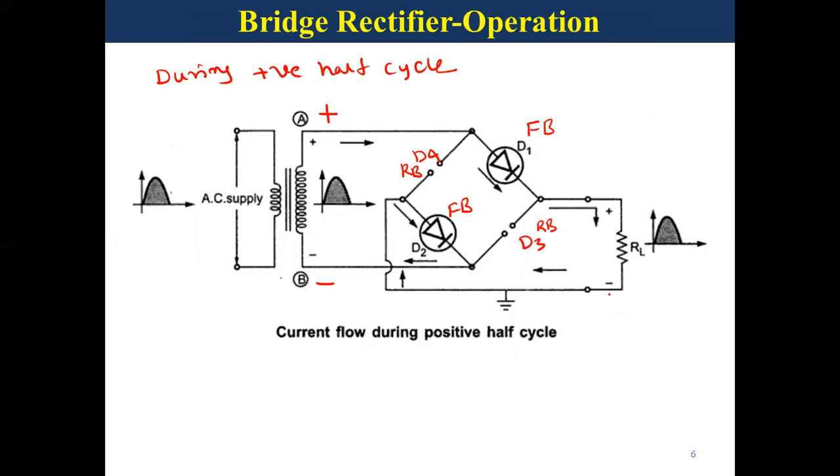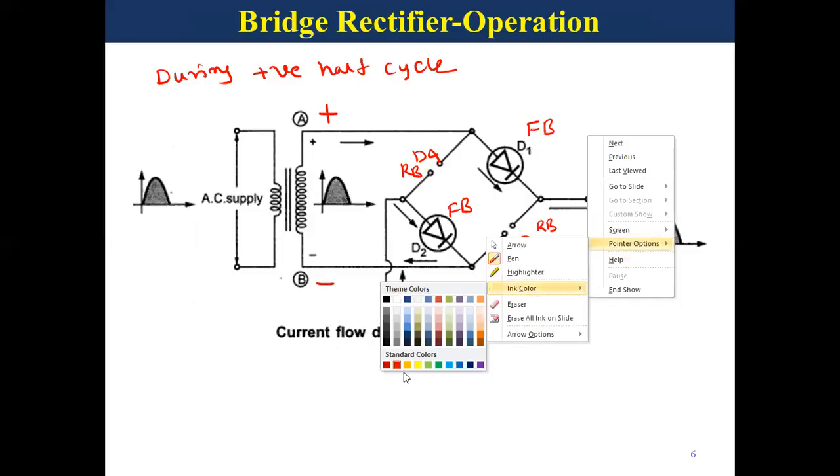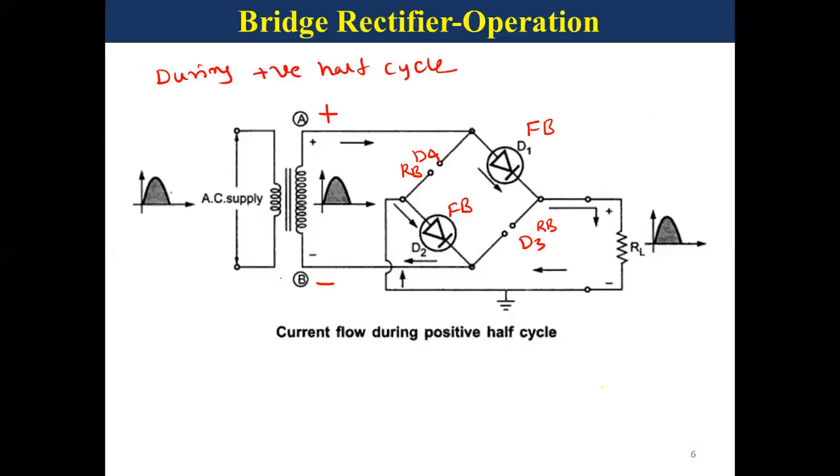If you draw the current direction, let me take a different color. We always represent current direction from the positive terminal to the negative terminal. Here it is the positive terminal. The current starts here and flows through the diode D1, then goes to the load and flows through the load.